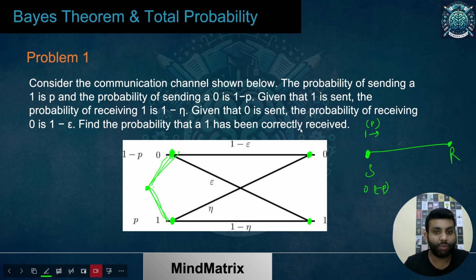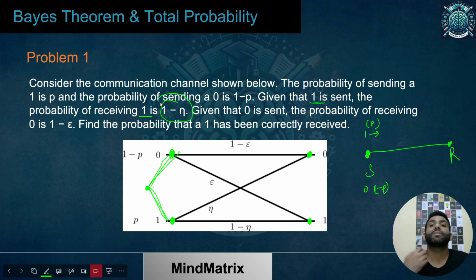Now it could be simple if we could have just talked about this, but the next statement makes it more complicated. That's why we have this proper diagram to understand. It is said that given that 1 is sent, the probability of receiving 1 is 1 minus eta. If 1 was originally sent from the sender end, then the probability of getting a 1 is 1 minus eta. Why is 1 not received with probability 1?